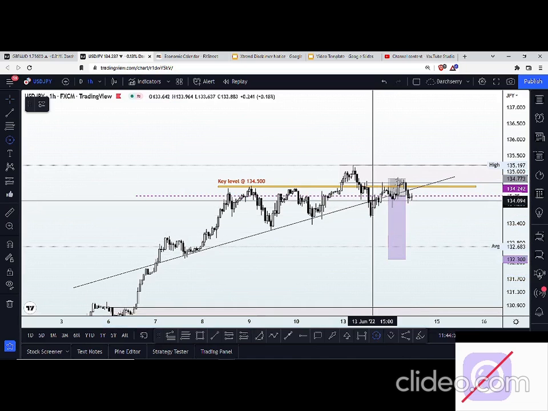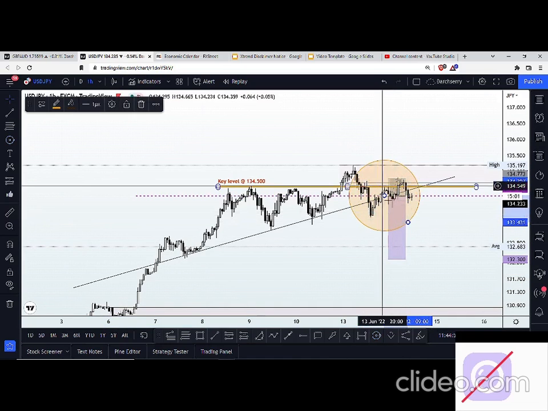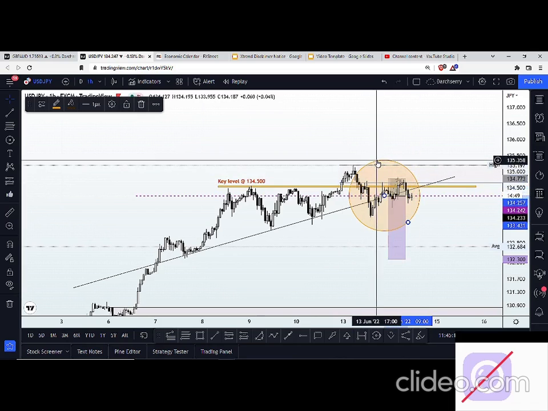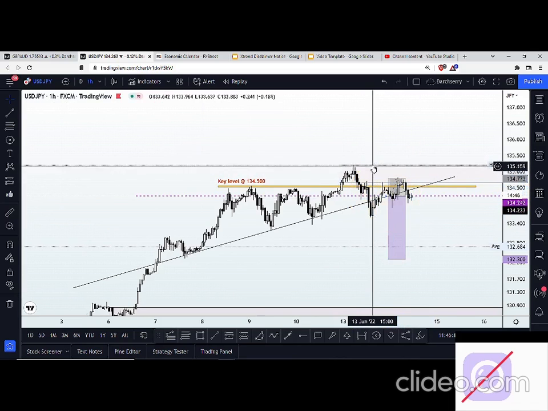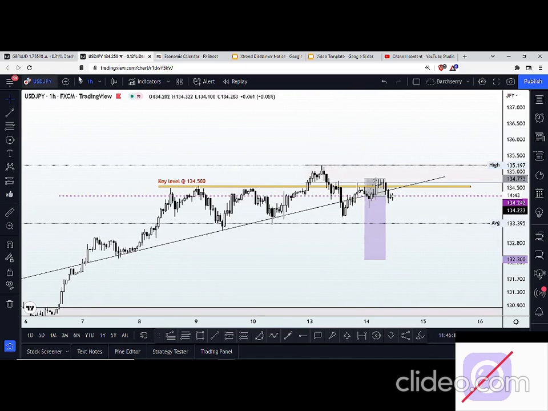We have price breaking down that bullish trend line, and price has been oscillating around that bullish trend line, giving us signs that a trend continuation is very, very possible, as we are unable to find higher highs around this area.